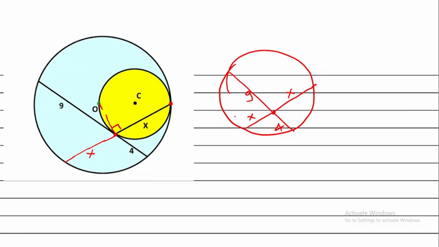From my key concept, for two intersecting chords, the product of the intersected lengths of one chord, 9 and 4, is equal to the product of the intersected lengths of the other chord, x into x. So x square will become 36 and x will be 6. So my answer for x is 6, and this is the answer.